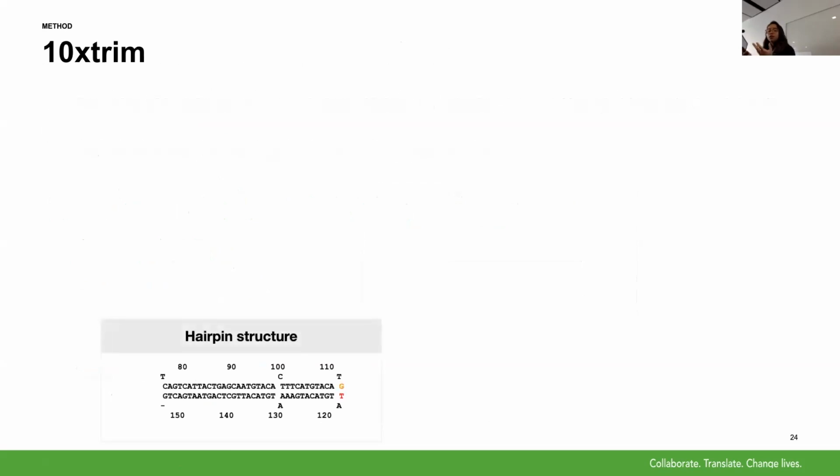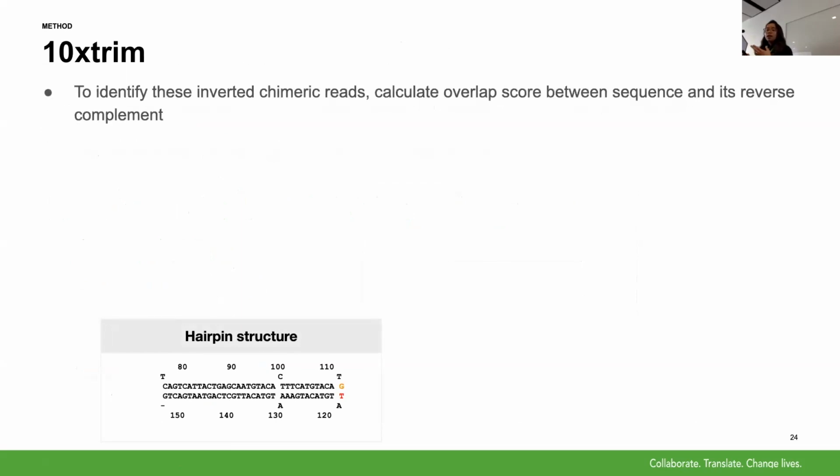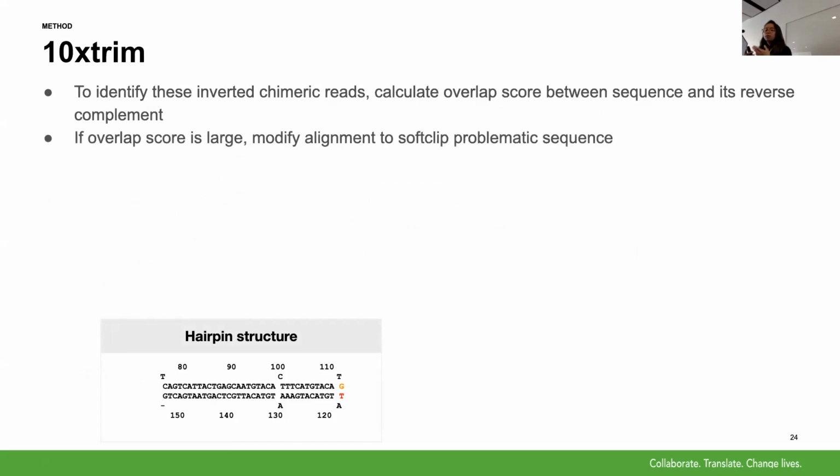So the idea underlying 10x trim is we noticed that a lot of hairpin structures had sequences that overlapped strongly with their reverse complement. And so we would see if the overlaps were significant based off of a score, and modify the alignments to soft clip the problematic sequences. 10x trim takes as input a BAM file and then outputs a modified BAM file with the modified alignments.